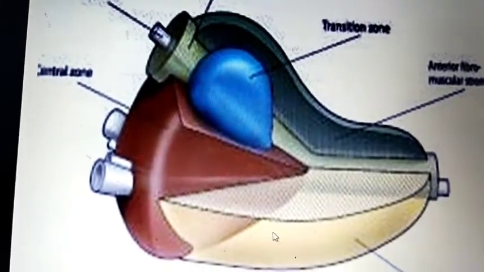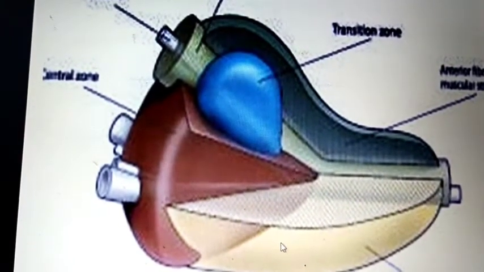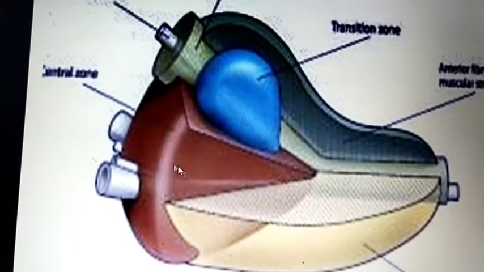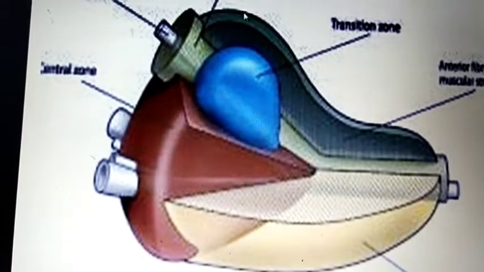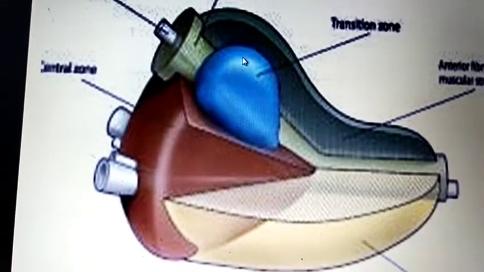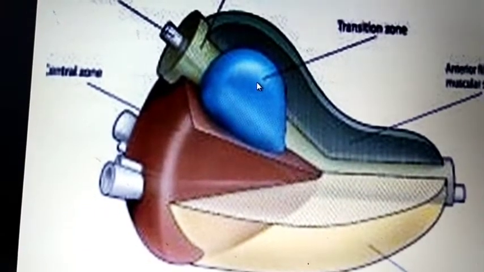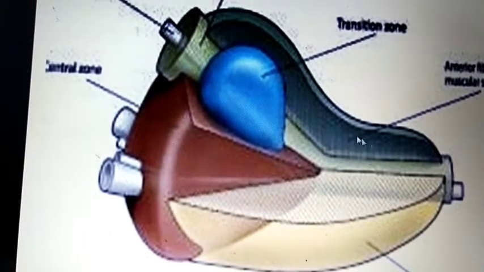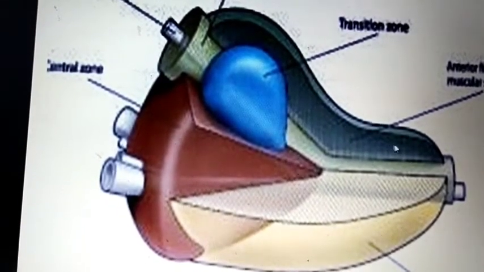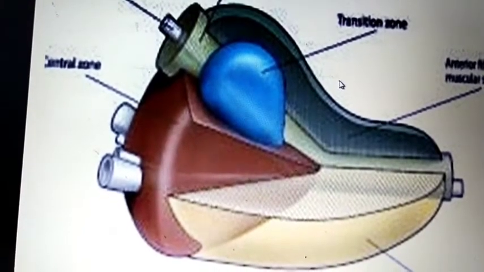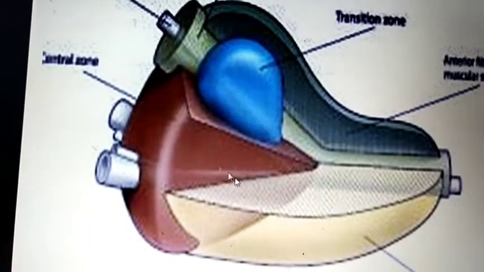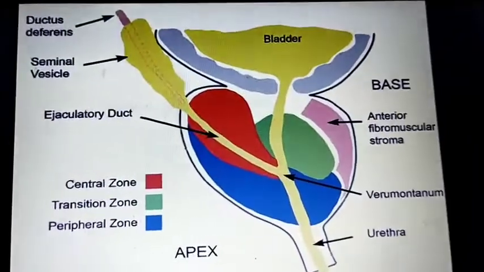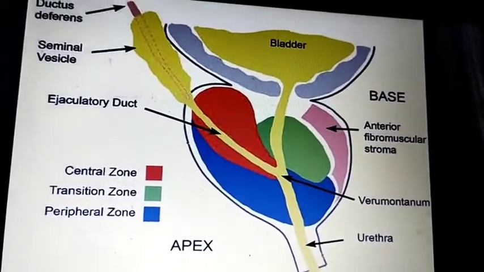This one present at the periphery is the peripheral zone, and this is the central zone. Just above the transitional zone, anteriorly, is the anterior fibromuscular zone. So: anterior fibromuscular zone, transitional zone, central zone, and peripheral zone. In this picture you can easily make out the zonal anatomy.